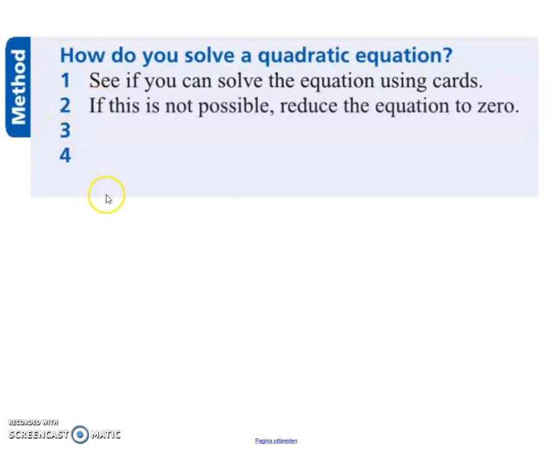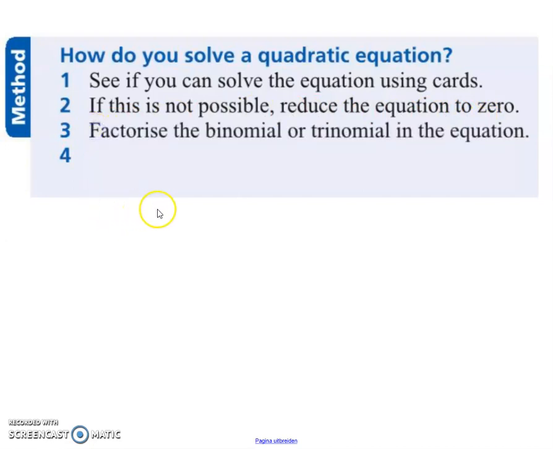If this is not possible, so we cannot use cards, then first always reduce the equation to 0. In step 3, we're going to factorize the binomial or the trinomial in the equation. And why are we doing that? Because when you cannot solve the equation by using cards, we really would like to use the rule a times b is 0.